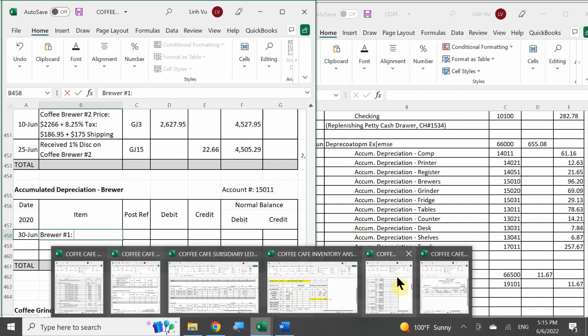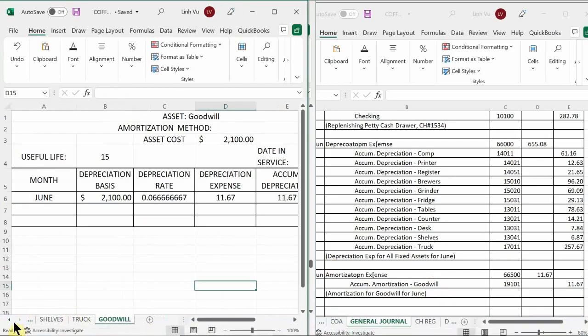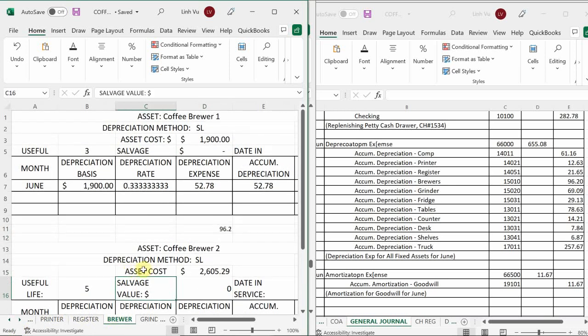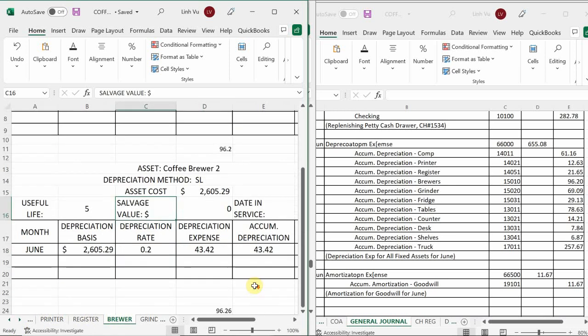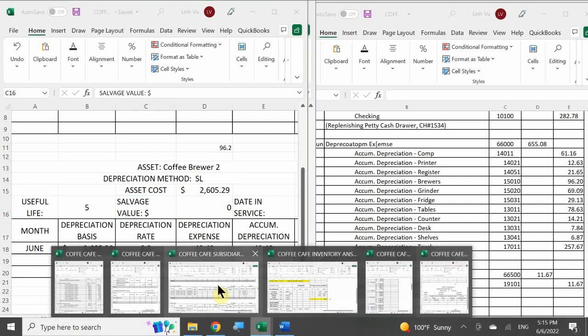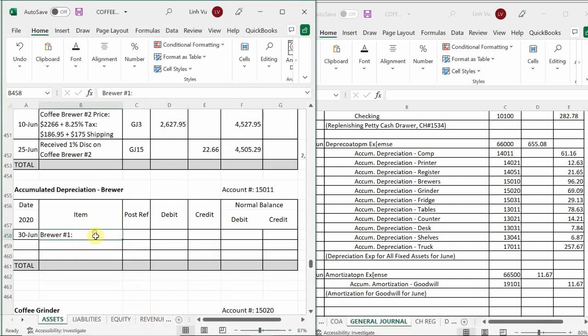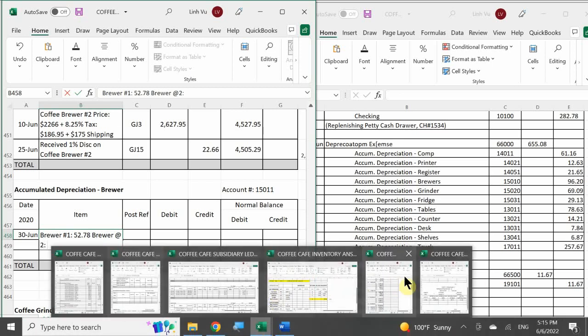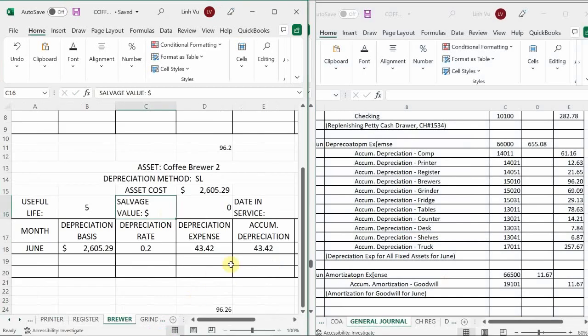Our depreciation table says that my coffee brewer number 1 gave me a total of $52.78, and brewer number 2 gave me a total of $43.42.